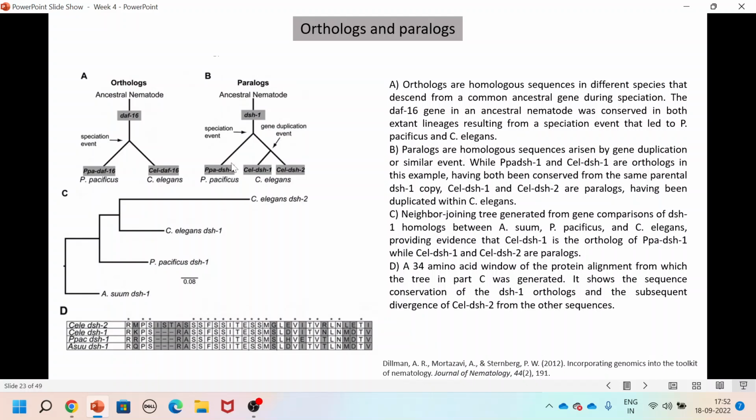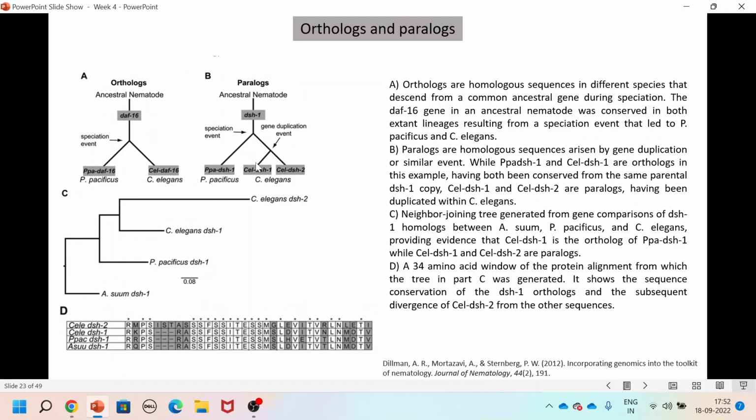While in the case of paralogs, there is a gene, for example the DSH1 gene, which is present in the ancestor. A speciation event happened, and the speciation event leads to this DSH1 gene in both Pacificus and C. elegans. But after that speciation event, there is another event which happened in C. elegans only, which is a gene duplication event that leads to the formation of two kinds of genes, C. elegans DSH1 and C. elegans DSH2.